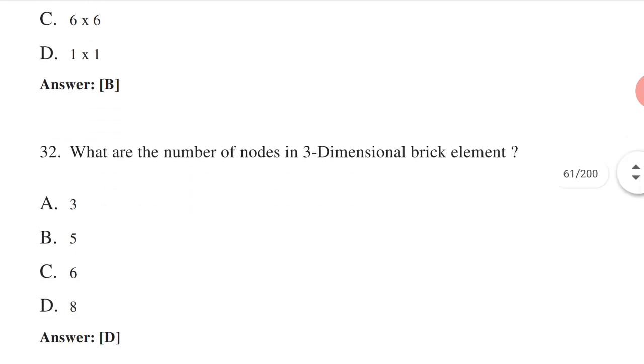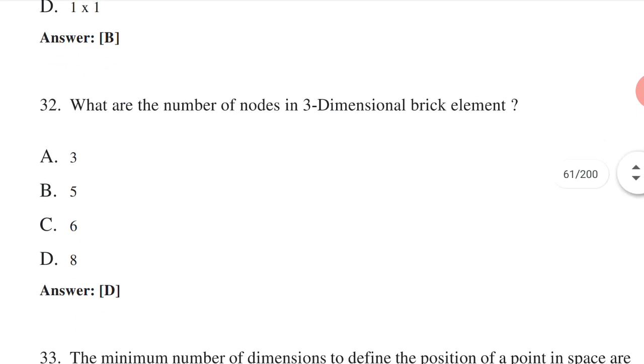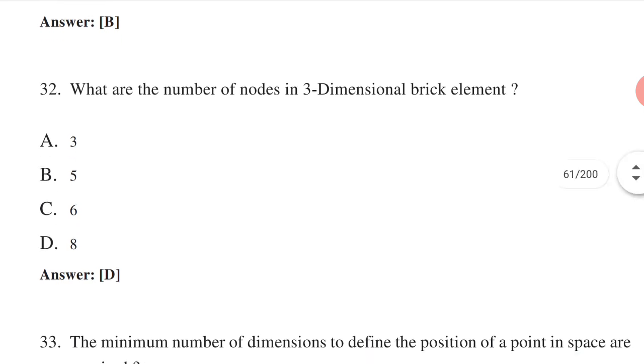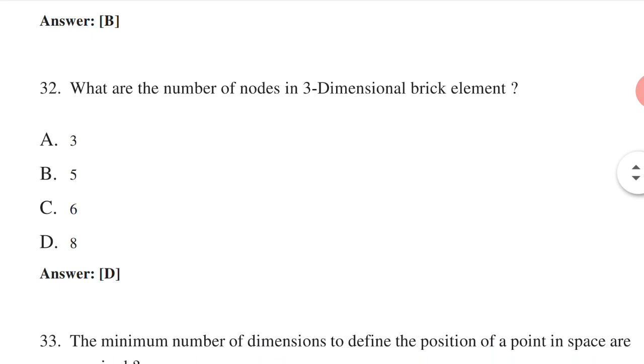So, answer is B. The next question is, what is the number of nodes in a 3-dimensional brick element. Obviously, we know that the brick element has 8 nodes. So, answer is D.